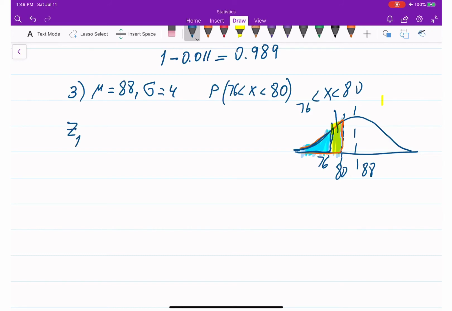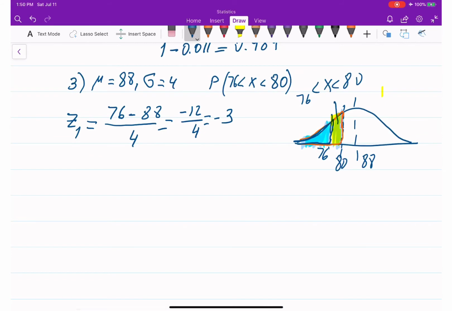So Z1 for 76 is equal, X is 76 minus mu is 88 divided by 4. Okay, 76 minus 88 is negative 12, and divided by 4, it's going to be negative 3.